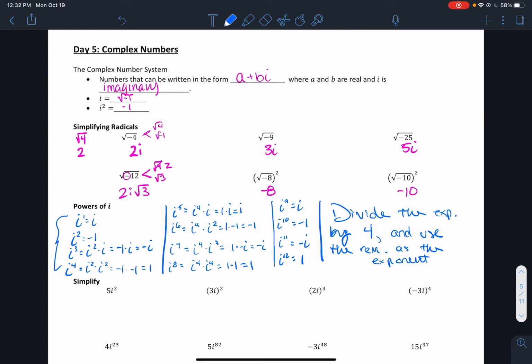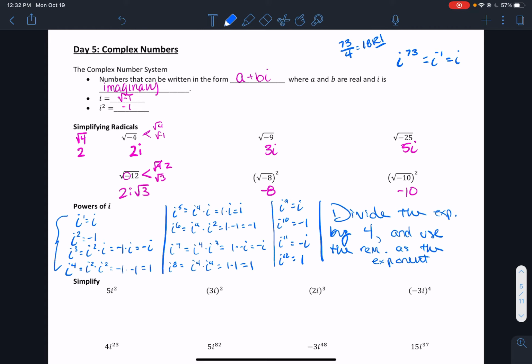Since it's 4 long, we divide the exponent by 4, and then the remainder is telling me what step of the cycle I'm on. So, for example, if I was doing i to the 73rd, 73 over 4, 18, remainder 1, I believe. So that's telling me that this is i to the first power, so this is just i. That remainder is telling me what step of the cycle I'm in.